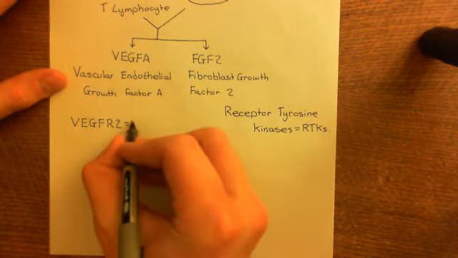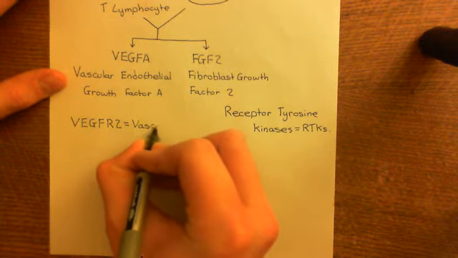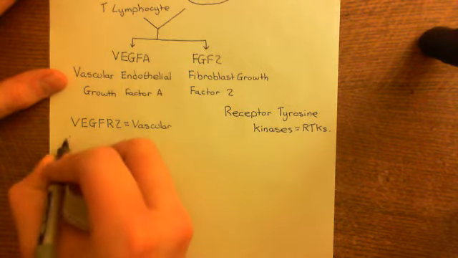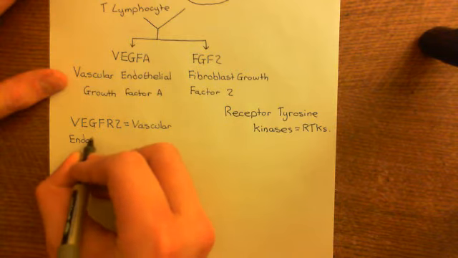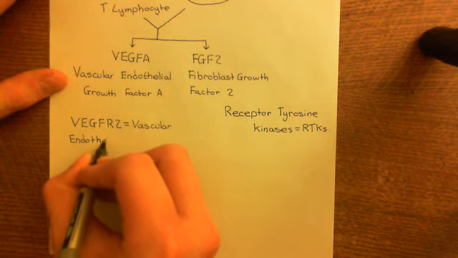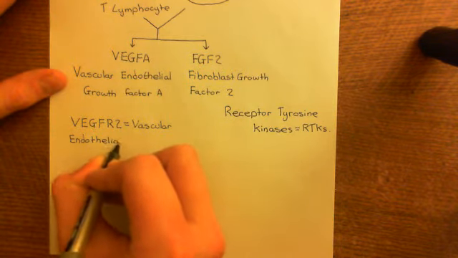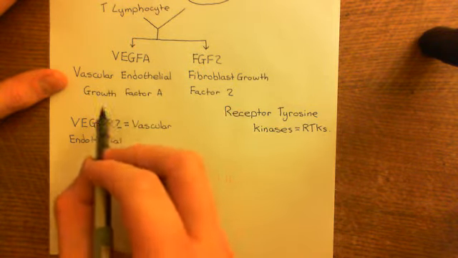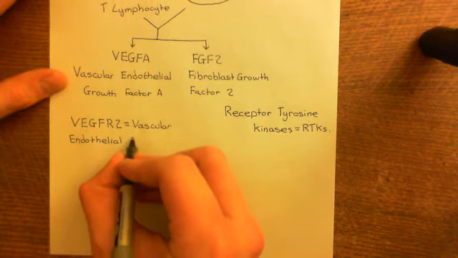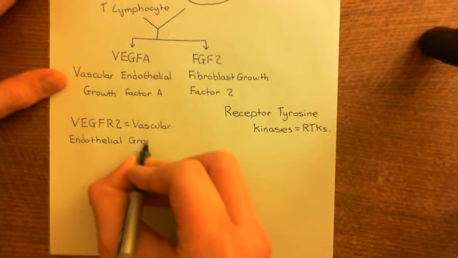So this stands for vascular endothelial growth factor receptor 2. And I should mention that there are many different types of vascular endothelial growth factor, firstly, and there are also many different types of vascular endothelial growth factor receptor.